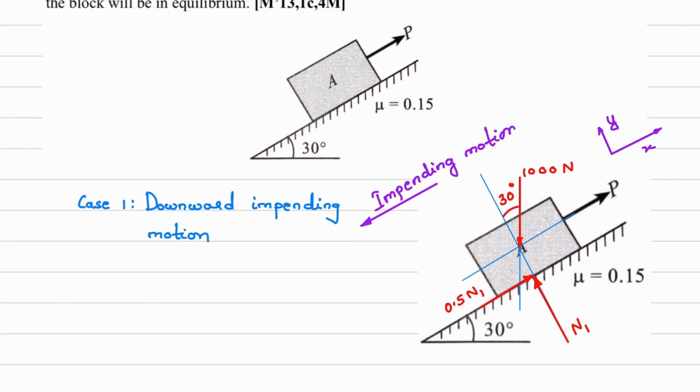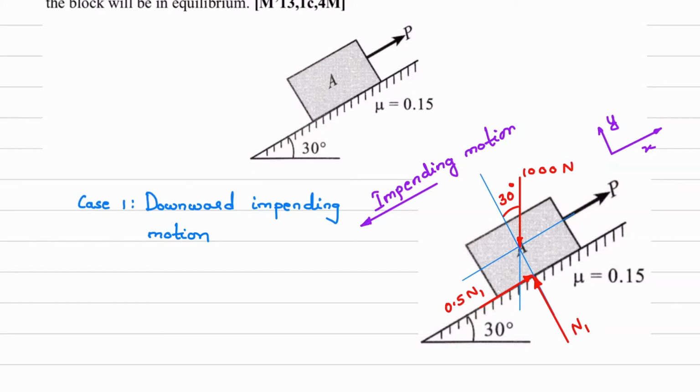Then the weight of the block is shown, which is 1000 Newton. Since block is in contact with inclined surface, there will be a normal reaction which is perpendicular to the surface, and that we are considering as normal reaction N1. Now since effort P is applied in this direction, it is not enough.